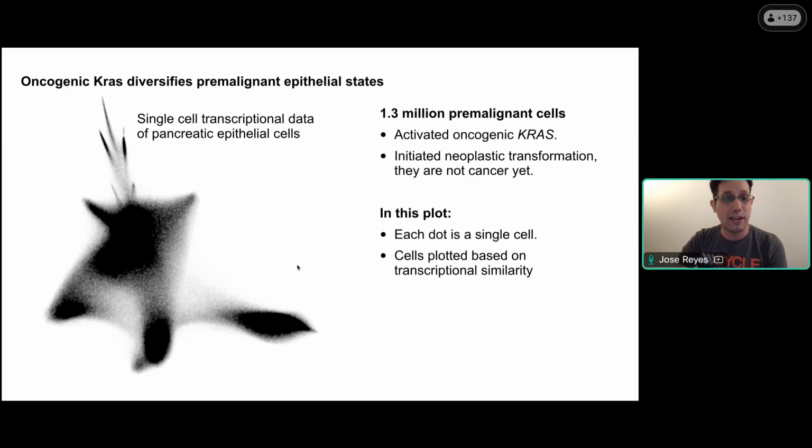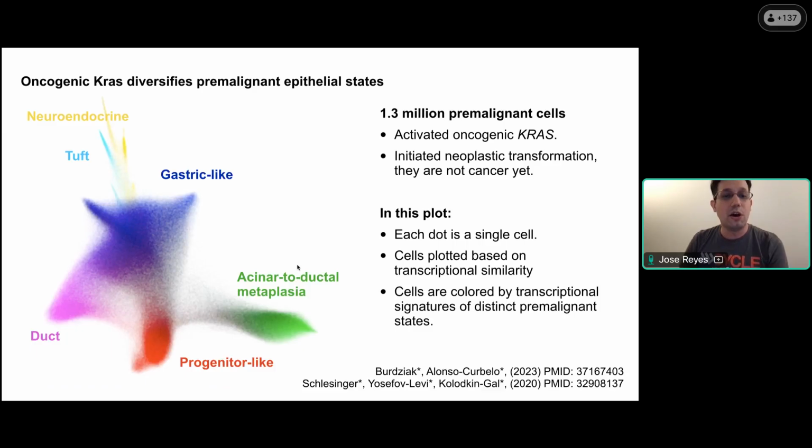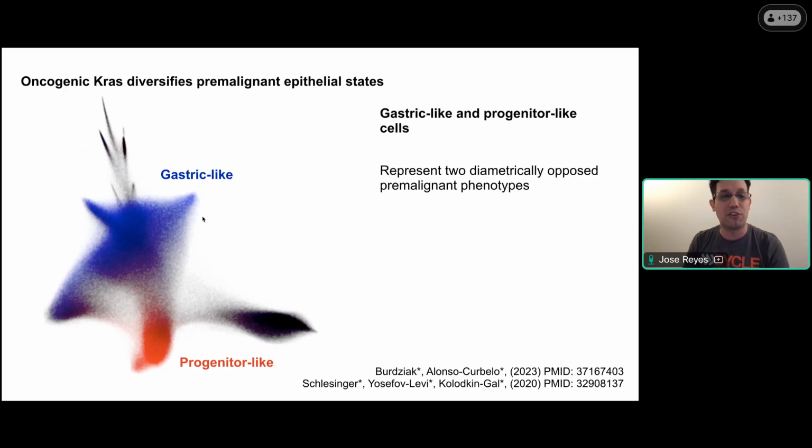And early work in the lab showed that oncogenic KRAS leads to the diversification of the types of states that premalignant cells can acquire. And in this talk, I will focus on two of these subpopulations that represent two diametrically opposed premalignant phenotypes that epithelial cells can enter.